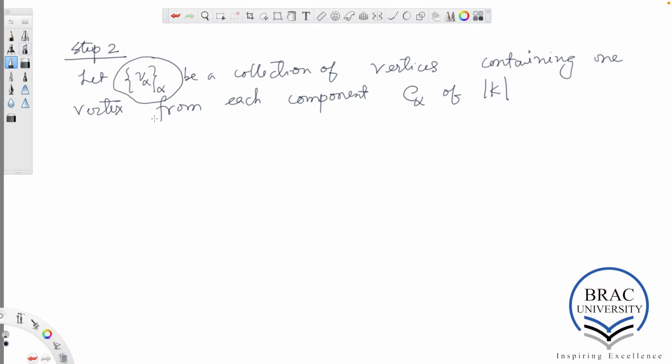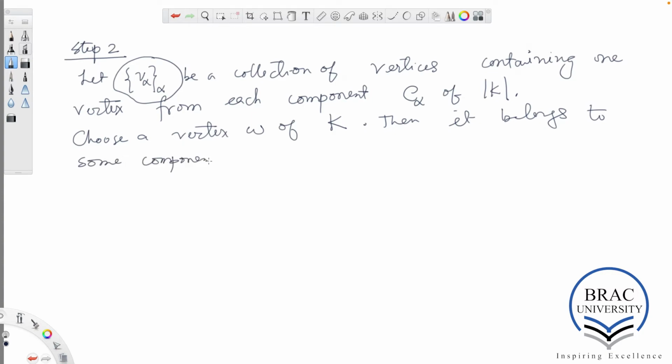Okay, choose a vertex W of this complex K, then it definitely belongs to some component of mod K. So we arbitrarily choose a vertex, which we call W, from the complex K, and then it belongs to one of the components of mod K, say C sub alpha.